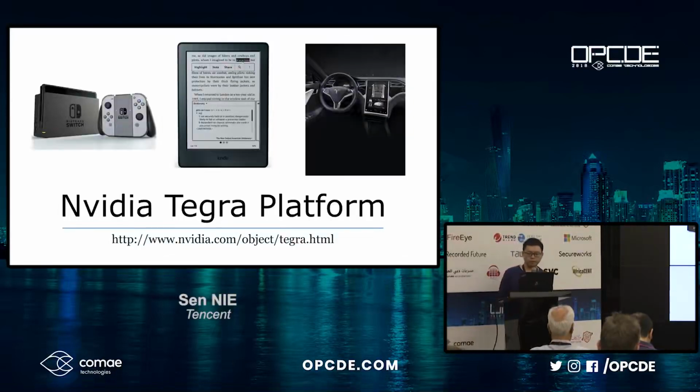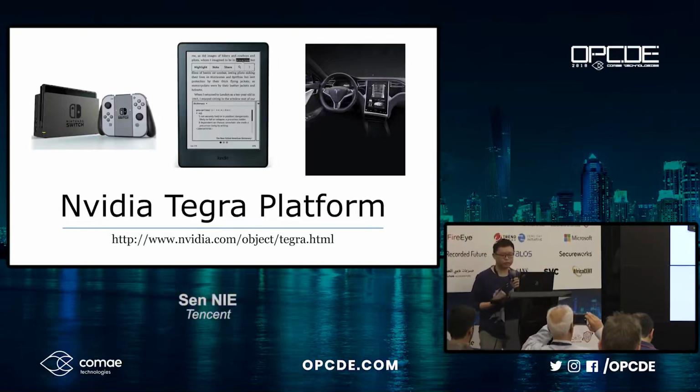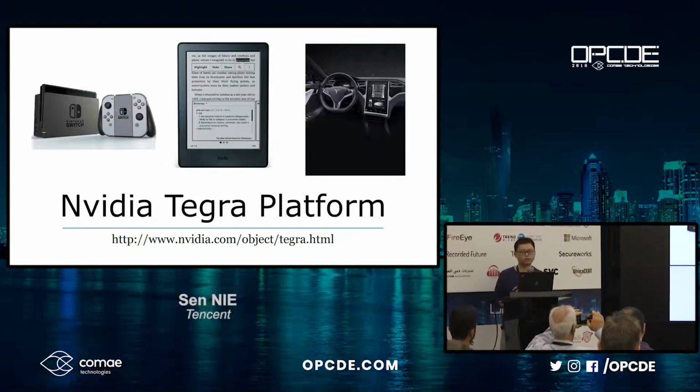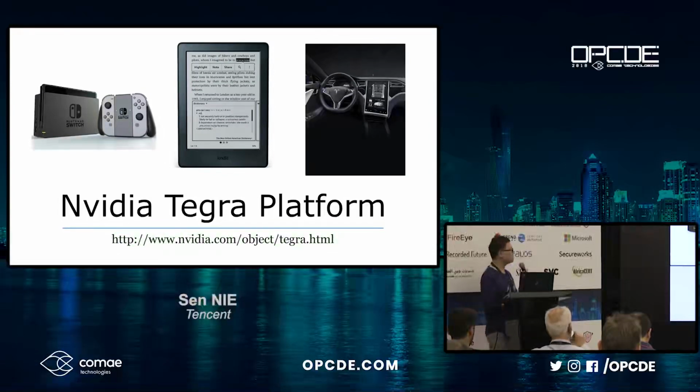So what is the NVIDIA Tegra platform? Tegra is NVIDIA's embedded Linux development platform. It is used in many types of devices, such as smartphones, game consoles, and of course, the automotive systems. I must say that Tegra is widely used in the embedded systems.